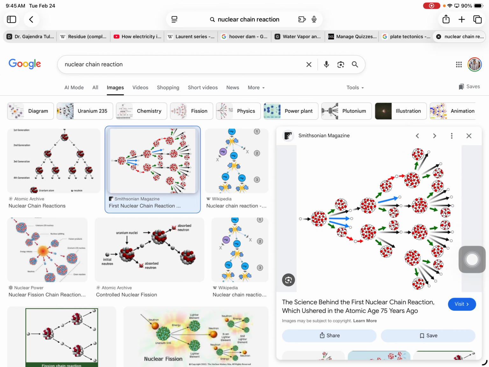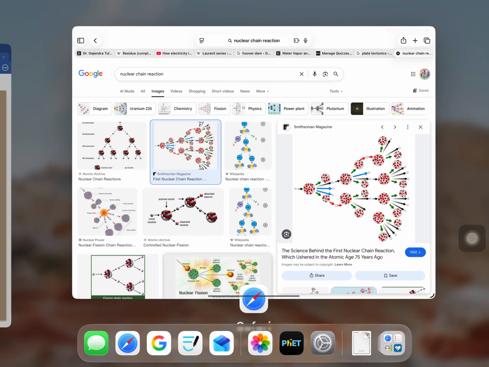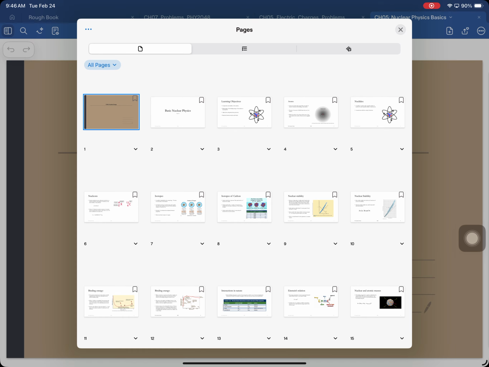In a nuclear reactor, you're making sure that 1 neutron causes a further reaction. There's a whole bunch of things that you do to be able to do that. Did you guys understand that?